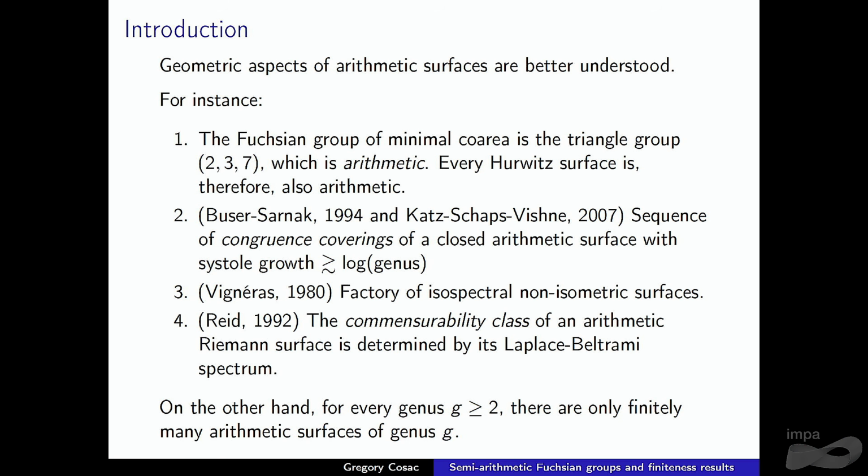commensurable. And let me just say another item that is not here, and doesn't really fit into this pattern, but for three-manifolds, you can also define, the same way you define arithmetic Fuchsian groups, arithmetic Kleinian groups, and then you get three-manifolds.